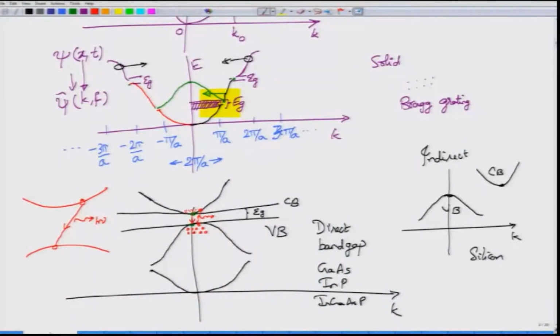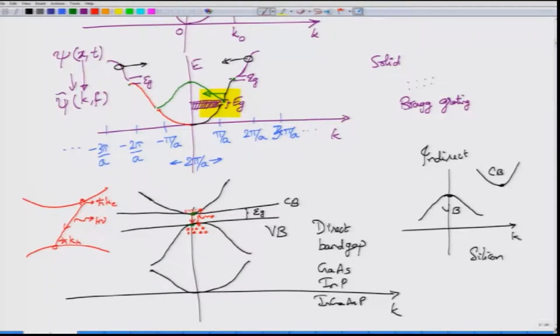So, when this happens, the photon energy corresponds to a certain momentum, h bar k. Let us call this h bar k e, and this h bar k h, where k h stands for the hole and k e stands for the electron.